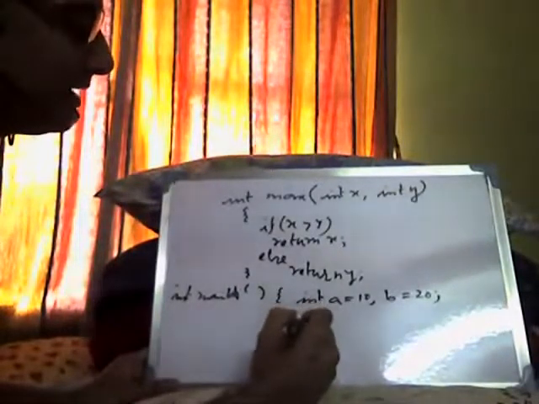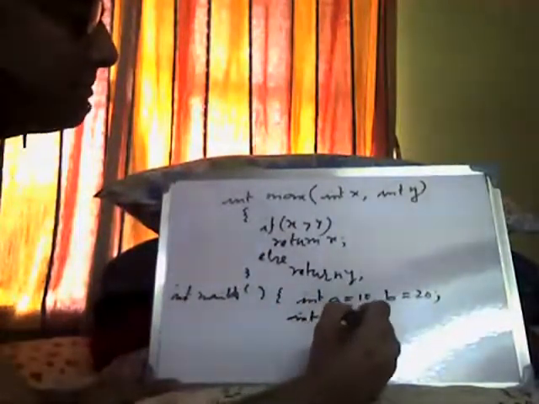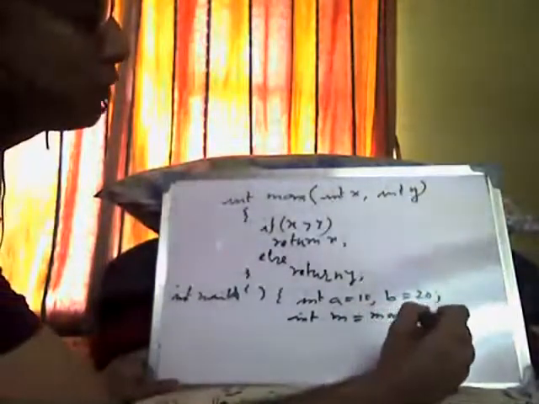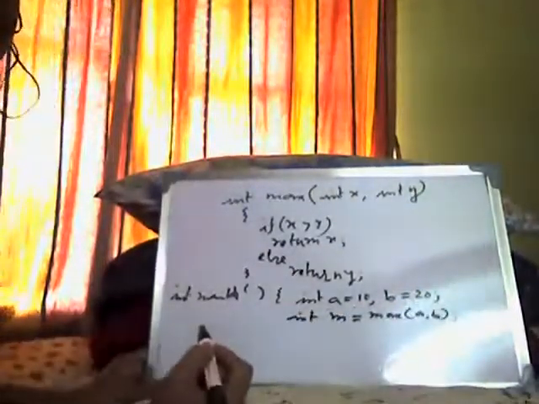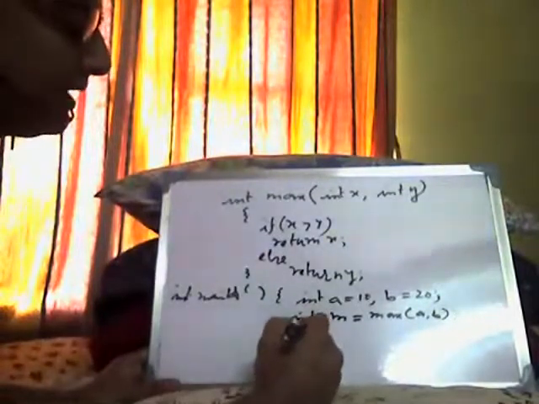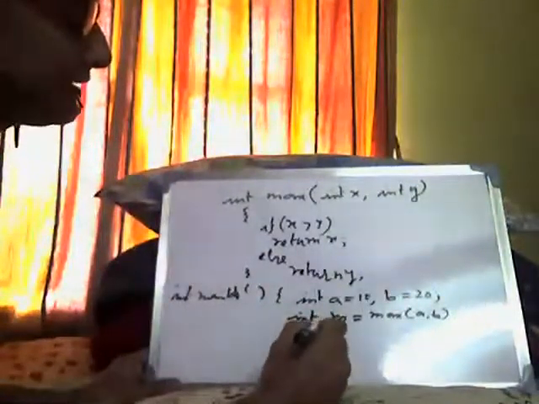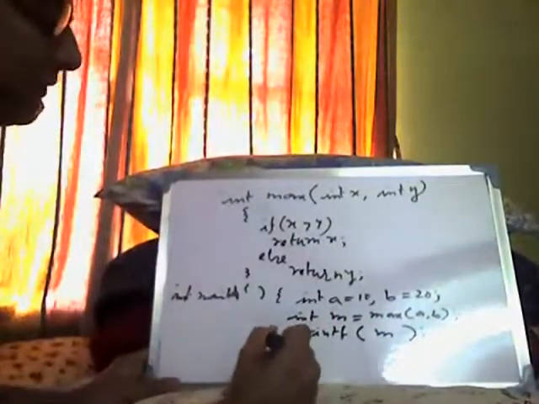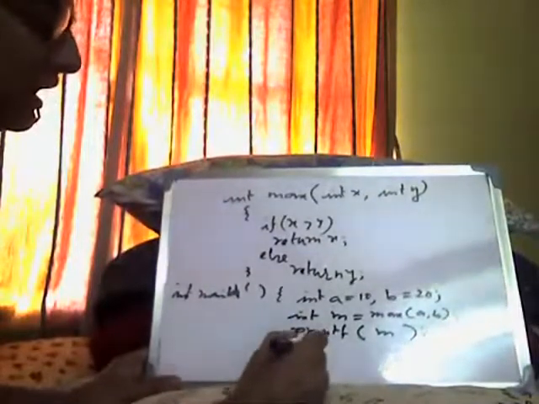And write down int m is equal to max of a comma b, and print. I'm not writing the exact code. Printf m, and return 0. Definitely that return 0 is there. I'm not writing it here. That is known to you, right?